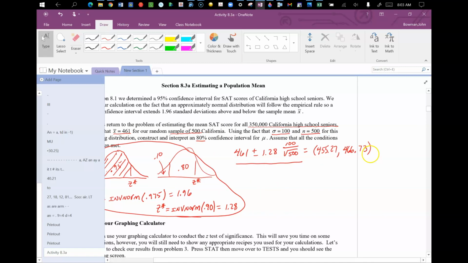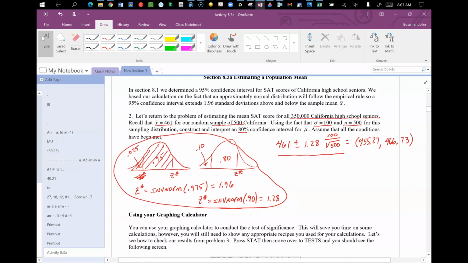And then remember how we would interpret that. We would interpret that in the following manner. We are 80% confident that the population mean SAT score for all 350,000 California high school seniors lies somewhere in the interval from 455.27 to 466.73.